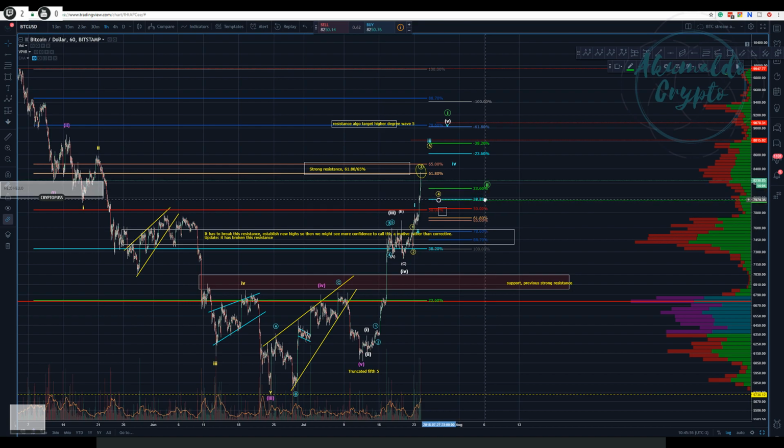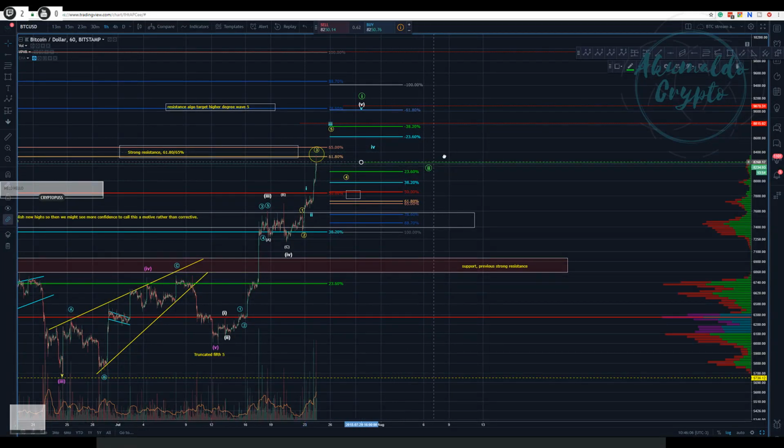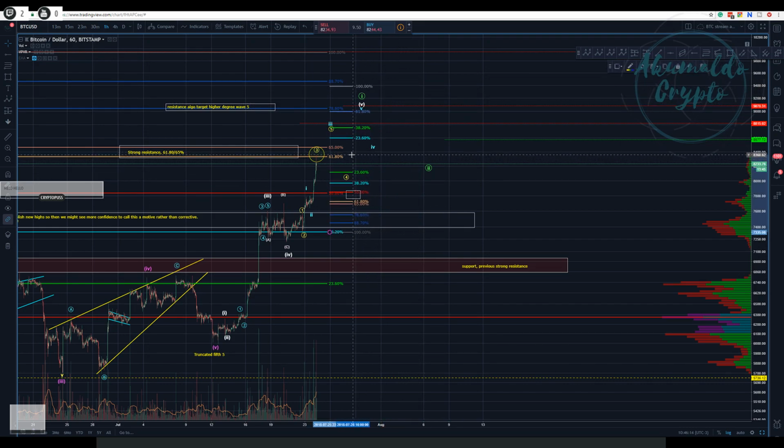So we might go to 800, 8100, something like this. We are now at the 82. So we have retraced. We might go as low as, let me see, this is the spot, right? Okay, we might not see a really deep retracement as well.